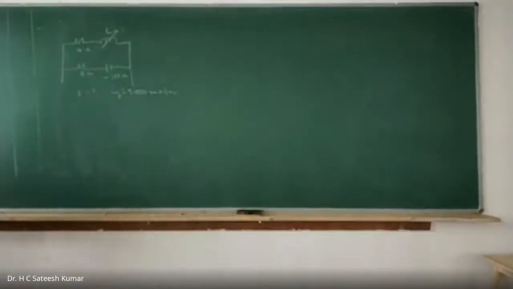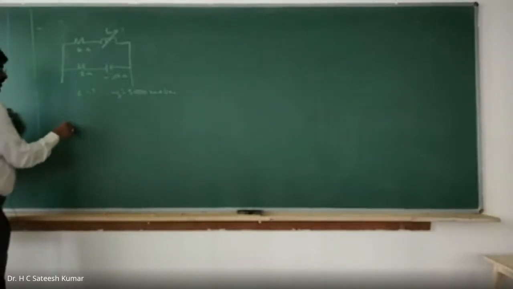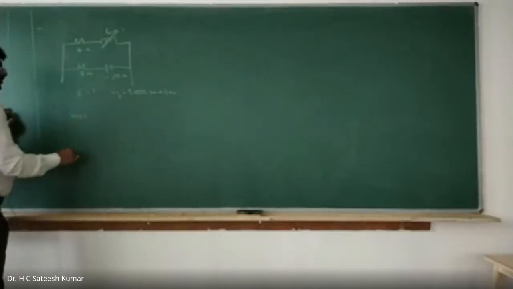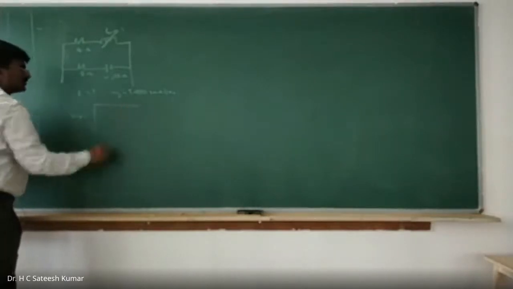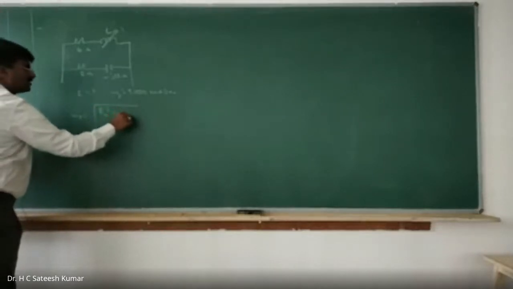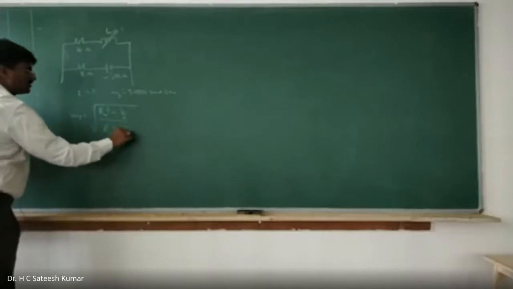One formula is there: omega r is equal to square root of (RL square minus L by C) divided by (RC square minus L by C).